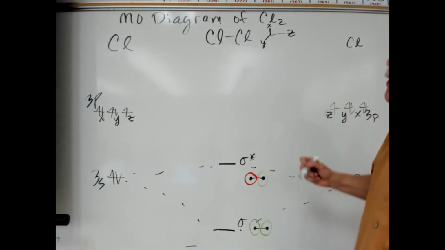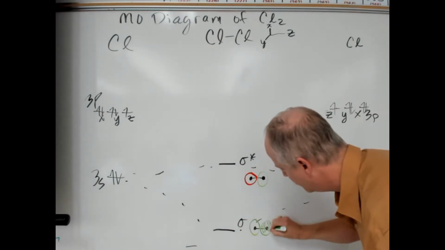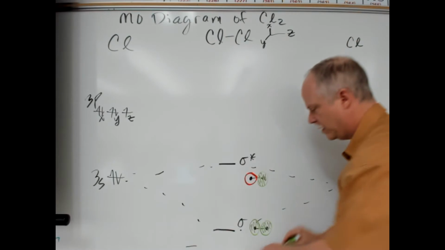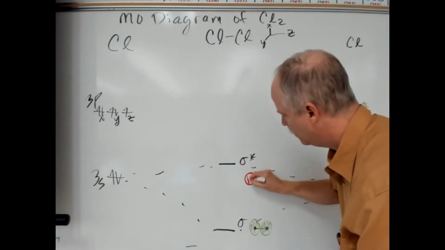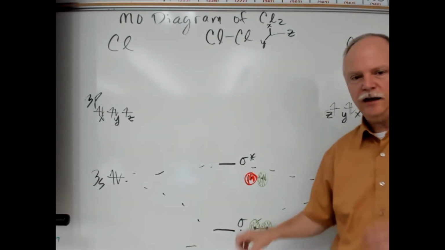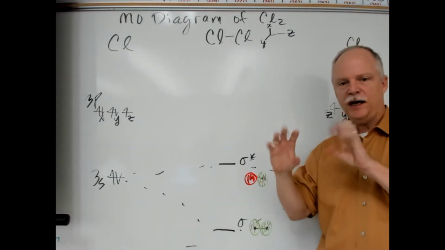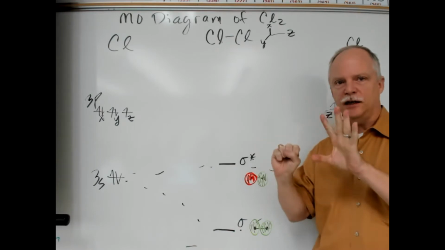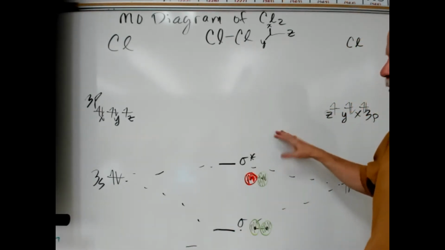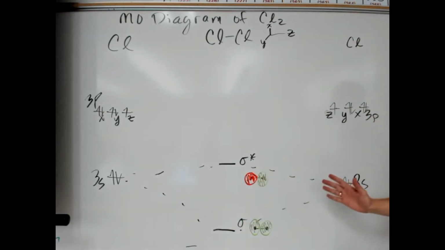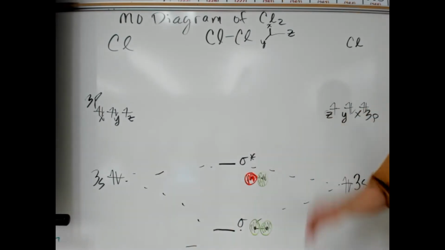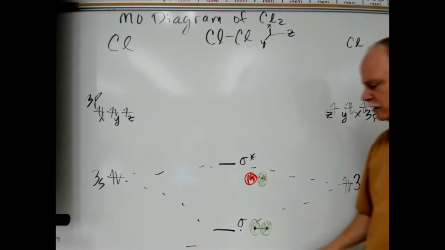If it helps maybe for the screen to shade them in. And these up here are a different color, just to indicate that this top one is expanding and contracting out of phase with each other. Okay. Any questions on mixing the s's? No nodes down here, one node right there, increasing energy.